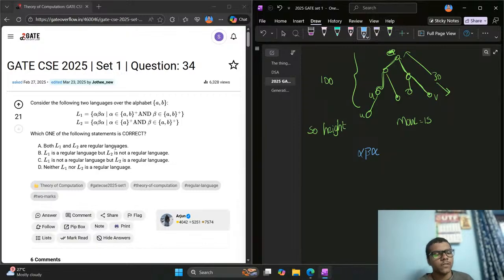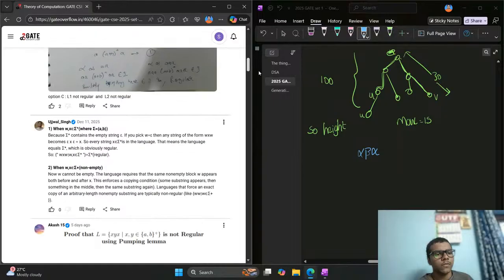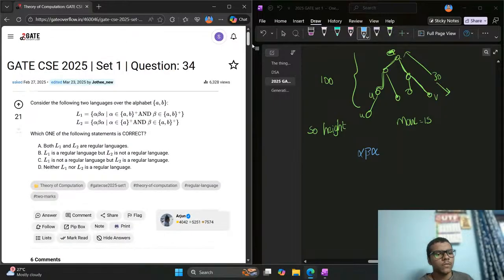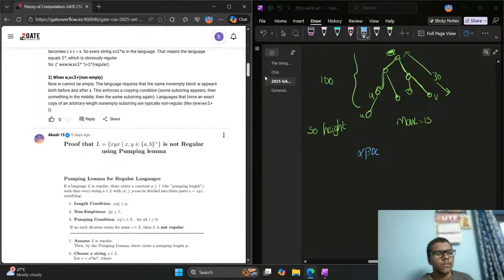Both are actually same, right? What the fuck?